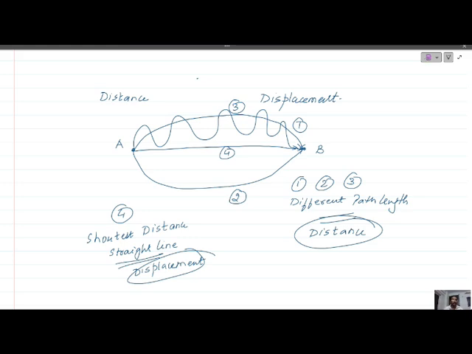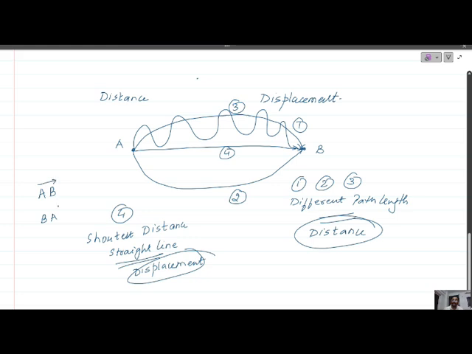It is also a length of path covered, but the main difference is it's the shortest length, and hence it's a straight line going from point A to point B. Another important feature is, whereas for distance, as you can see from paths 1, 2, and 3, there is no directionality involved, when you talk about displacement, you would say the displacement is AB, from point A to point B. Similarly, if you're going back from point B to point A, then the displacement is BA.